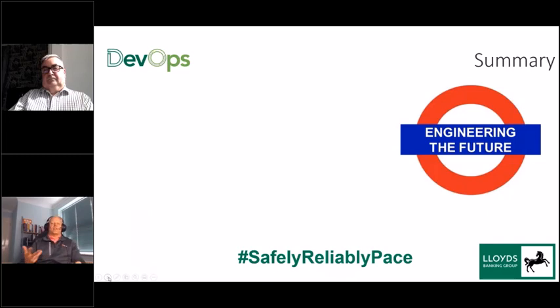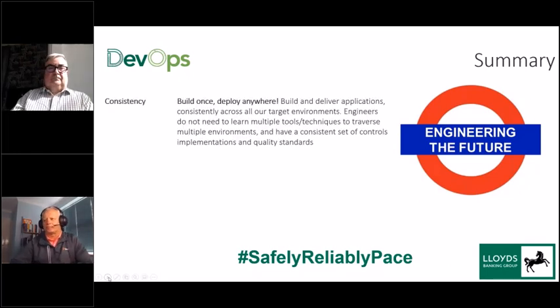So let's just get to your last three summary points, because 3 is a good number of things to remember. Number 1, consistency. This is back to build once, deploy anywhere. You want the developer experience to be consistent. So a standard toolkit, irrespective of the language the developer is developing in, and a standard pipeline to deploy, irrespective of where the developer is going to ultimately deploy their application.